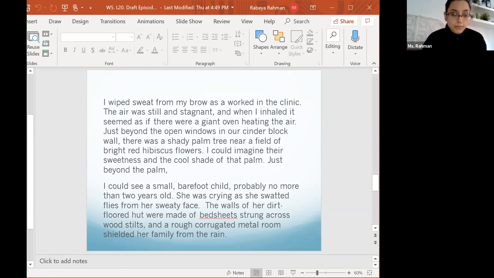Just beyond the palm, I could see a small, barefoot child, probably no more than 2 years old. She was crying as she swatted flies from her sweaty face. The walls of her dirt-floored hut were made of bed sheets strung across wood stilts, and a rough, corrugated metal roof shielded her family from the rain.